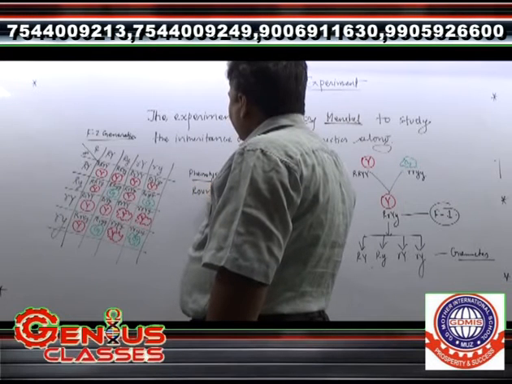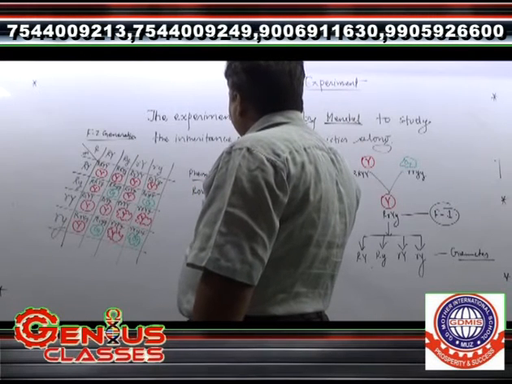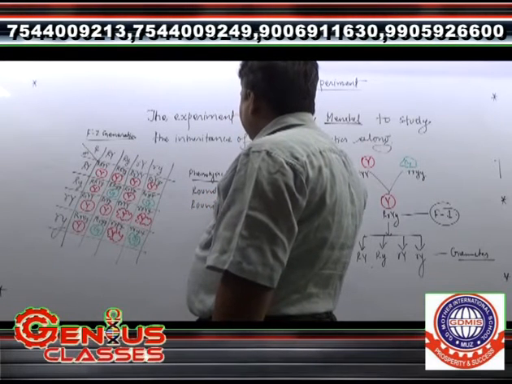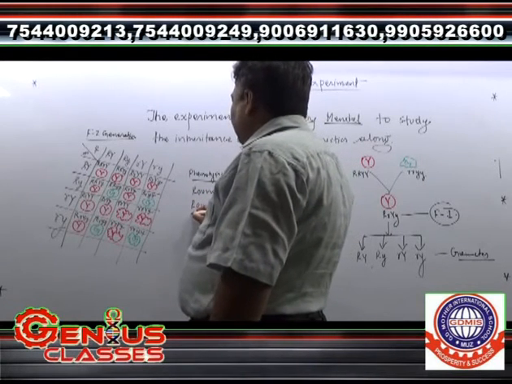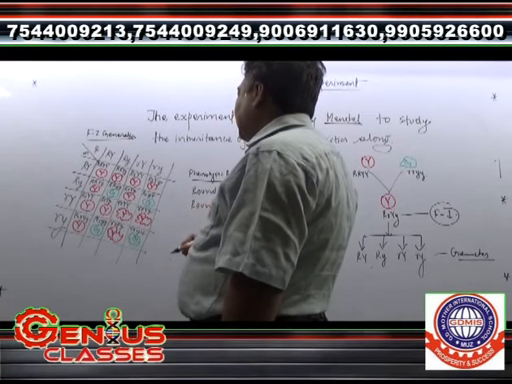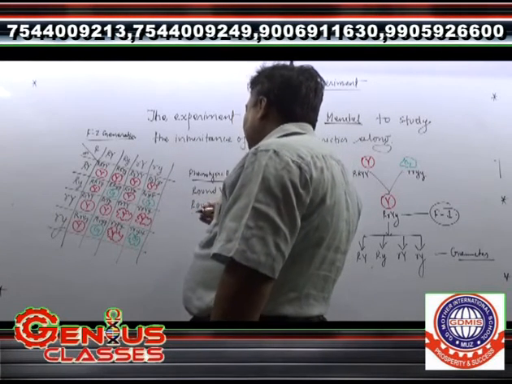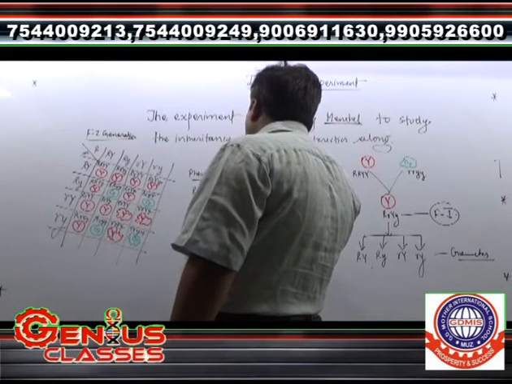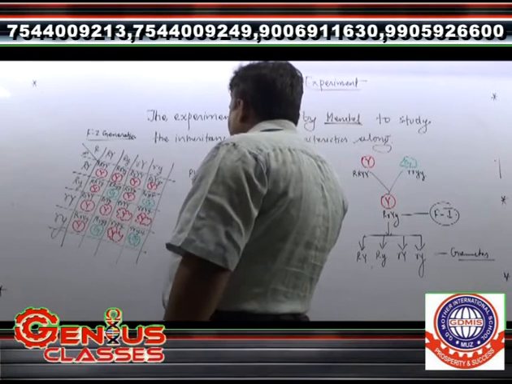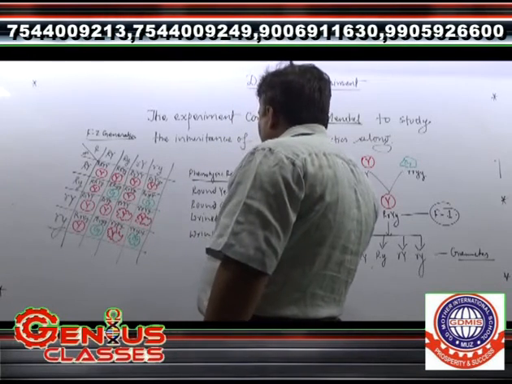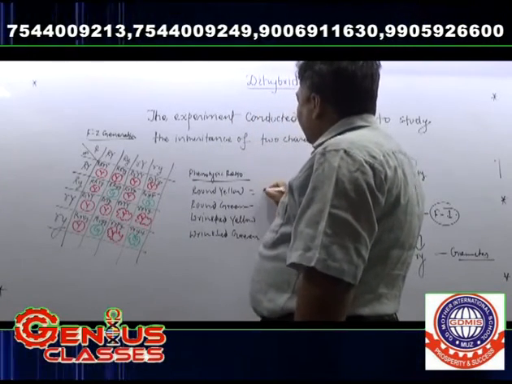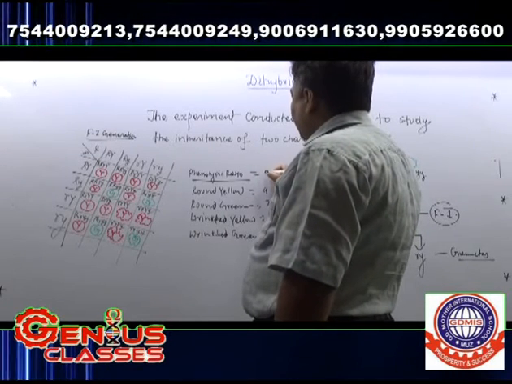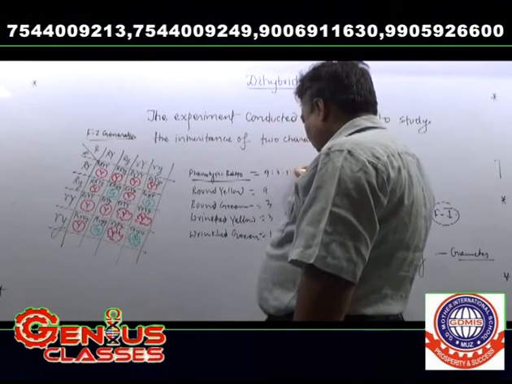Round yellow, round green, wrinkled yellow, wrinkled green. This is 9, this is 3, this is 3, this is 1. So phenotypic ratio is equal to 9:3:3:1.